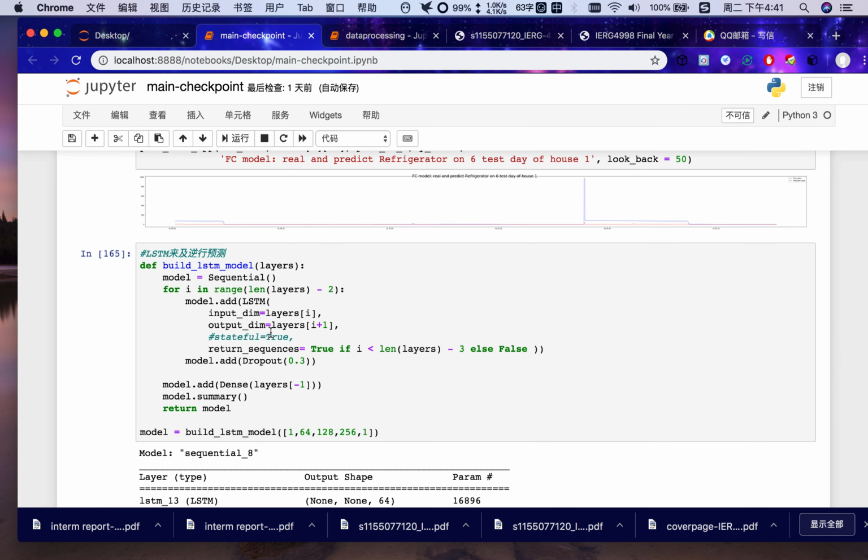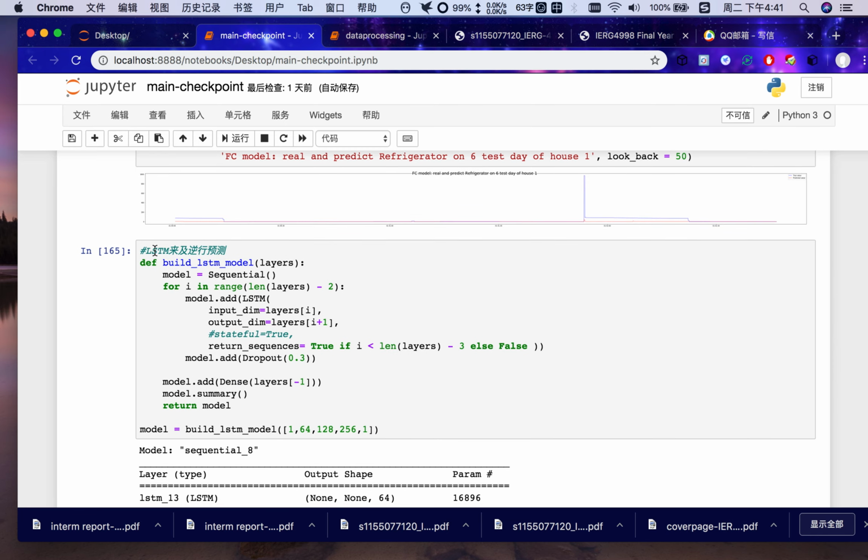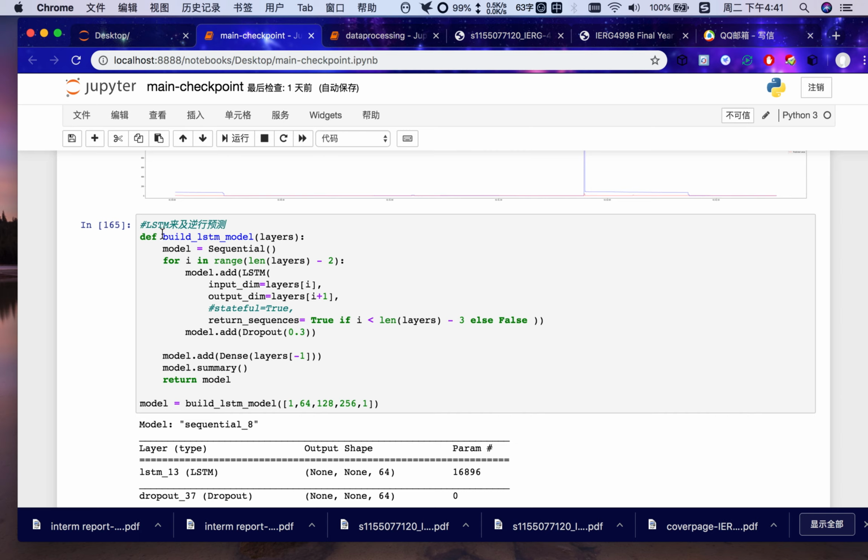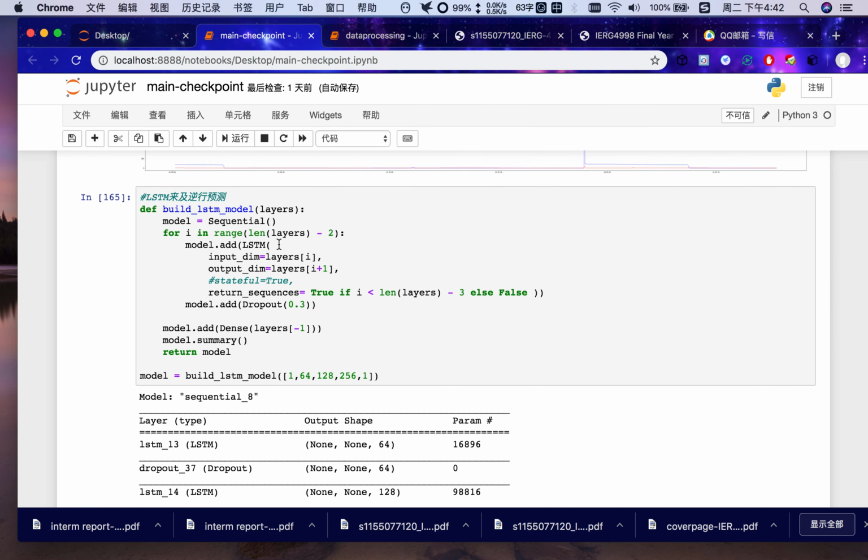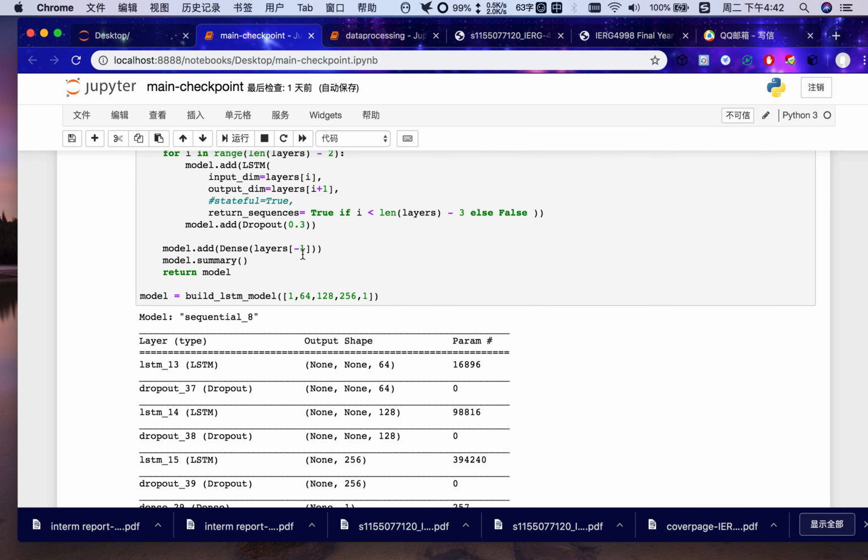The third method I used is the LSTM. This is very different, because the LSTM model is a variant of the RNN model, and the difference is that the structure of the repeating network is much more complicated.